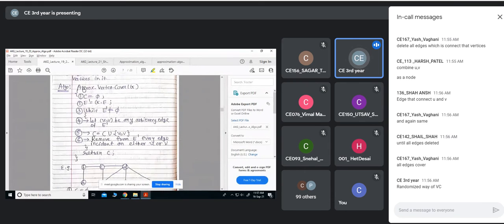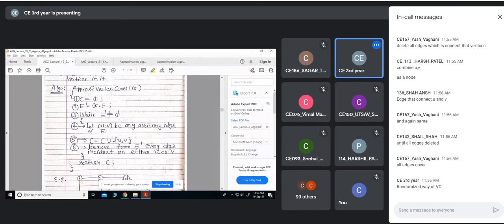Okay, what is that idea? Initially, C is our answer, our approximate solution, so it is an empty set initially. I use E dash as G dot E, a copy of the set of edges. And while that set of edges is not empty, you have to repeat it until there are edges. So when there are edges, you pick an arbitrary, that is random, edge of E dash.